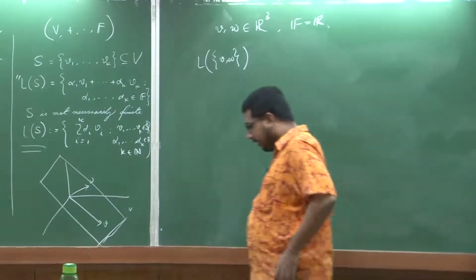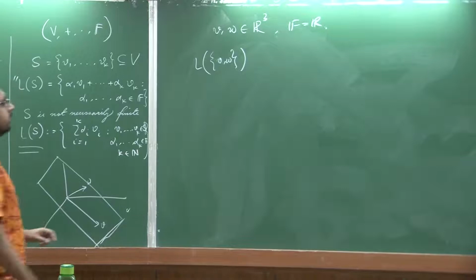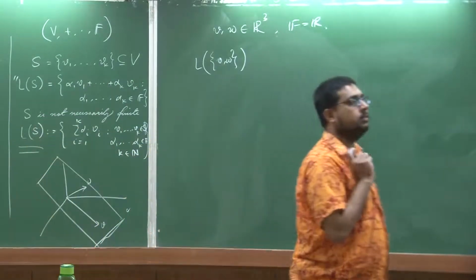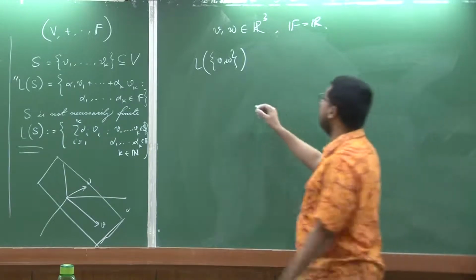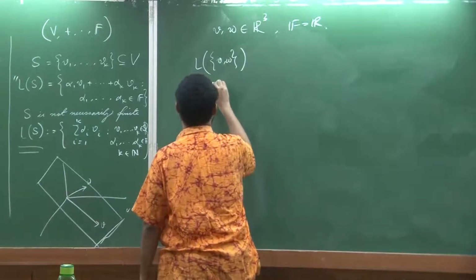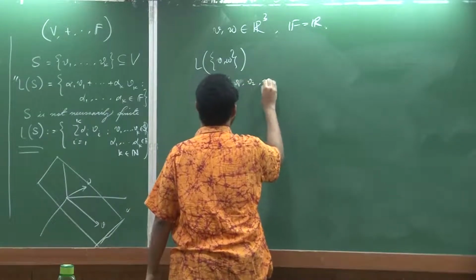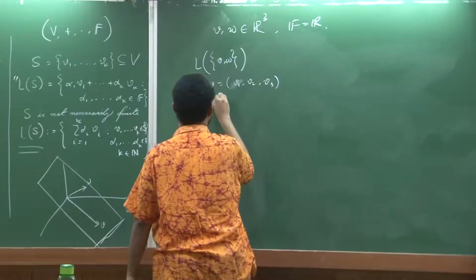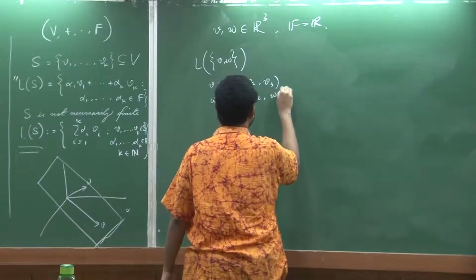Now, the point is, given two vectors, how will I understand whether V is a scalar multiple of W or W is a scalar multiple of V? Suppose I have been given the coordinates, let V equal to V1, V2, V3, W equal to W1, W2, W3.